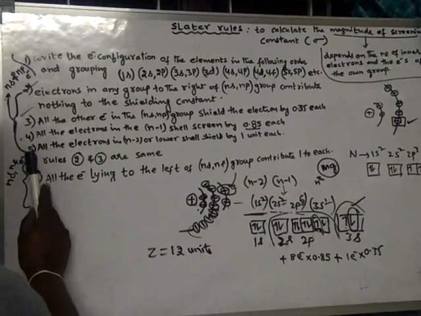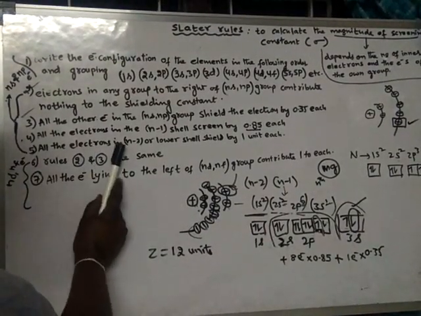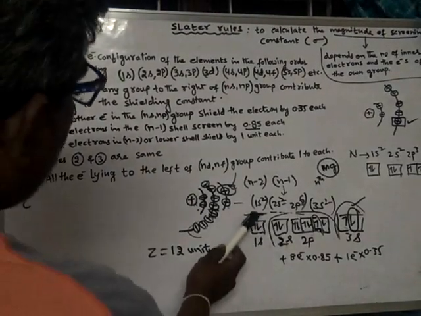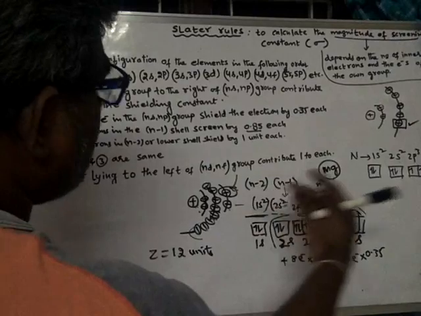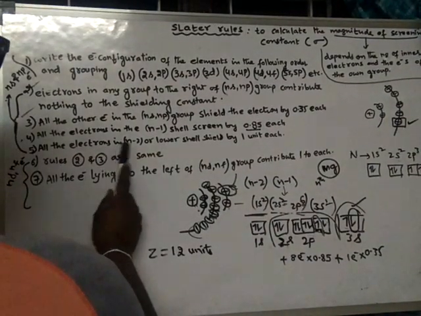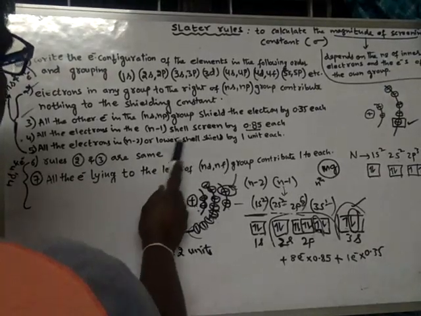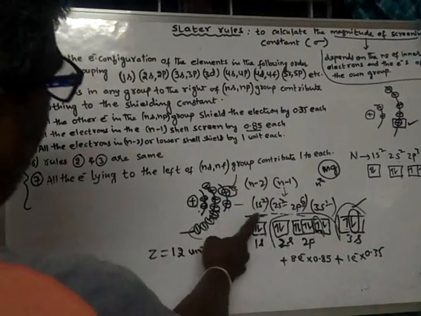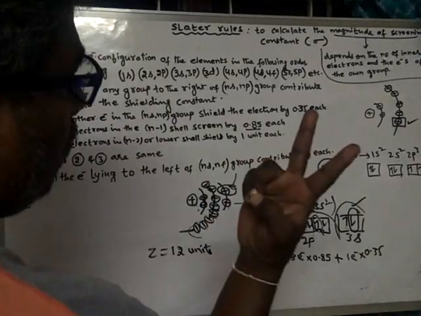According to the fifth rule, all the electrons in n-2 or lower shell. Sometimes some atoms contain even lower shells also. So all the electrons in n-2 or lower shell shield by 1 unit each. How many electrons are present in the n-2? 2 electrons are there.